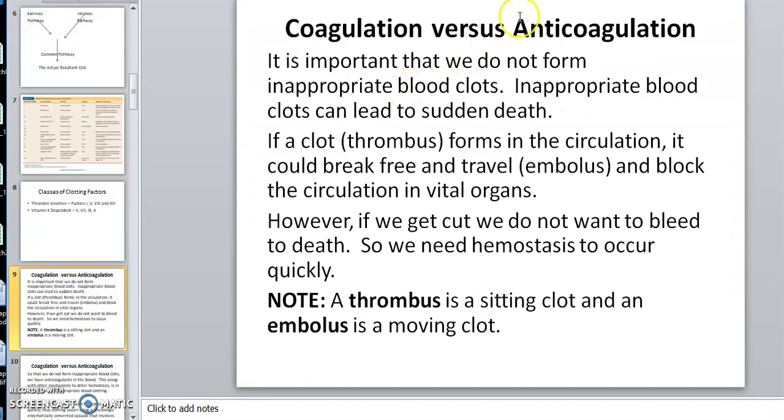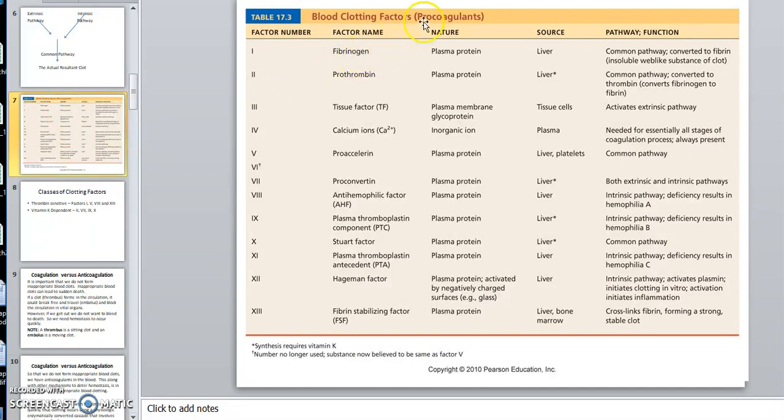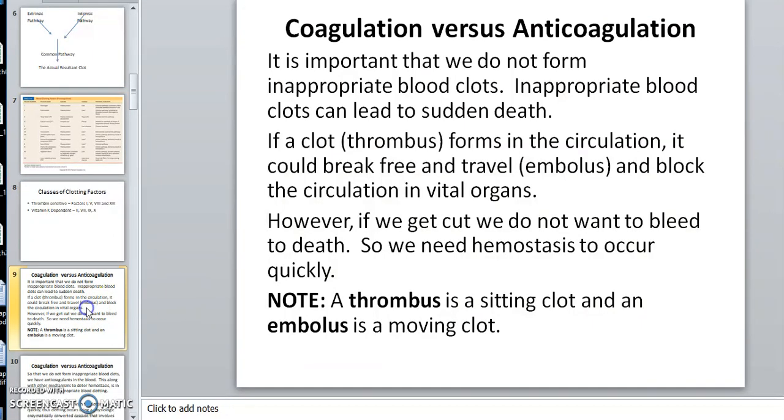Coagulation versus anticoagulation. Now I'm going to go back to the clotting factors. You see how they have the word procoagulants there? That means for coagulation. It is important that we do not form inappropriate blood clots.